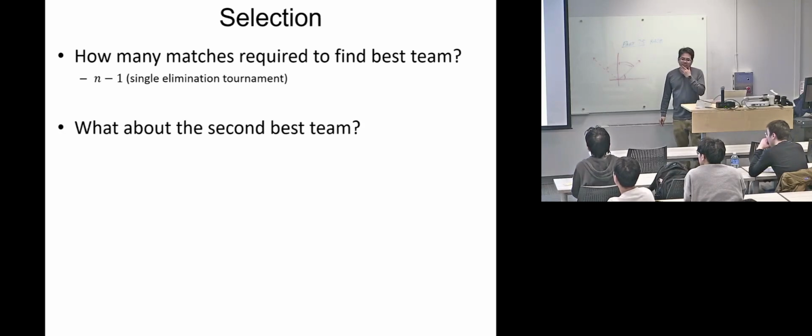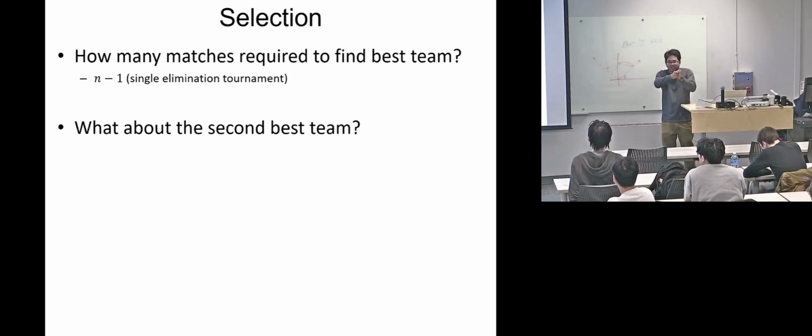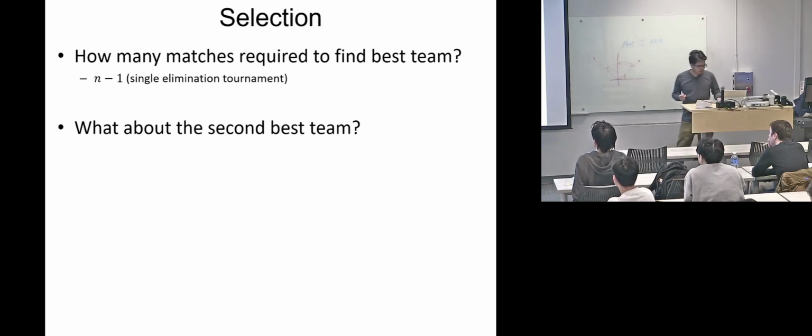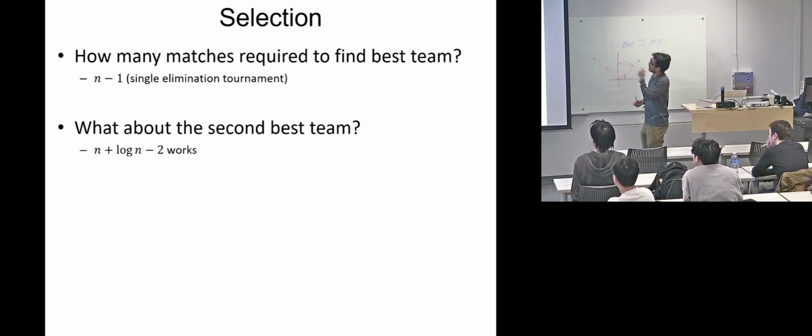So what about if you want to find the second best team? Can you do it in 2n? Yes, 2n is enough. Just first find the best one, then throw the best guy away and do it again. So 2n is enough. But actually n plus log n is enough too.